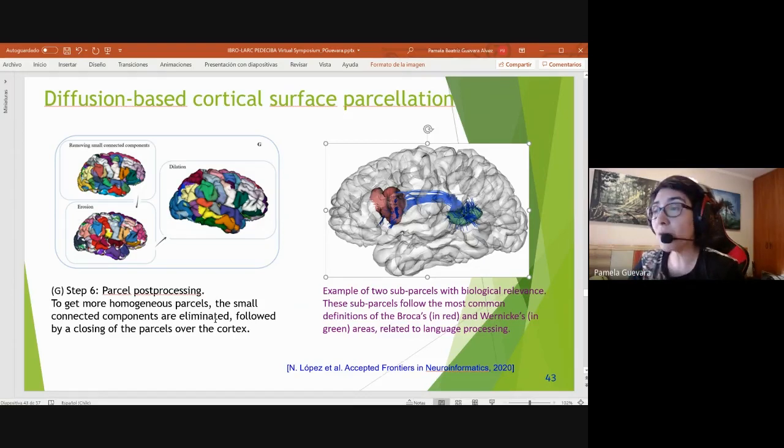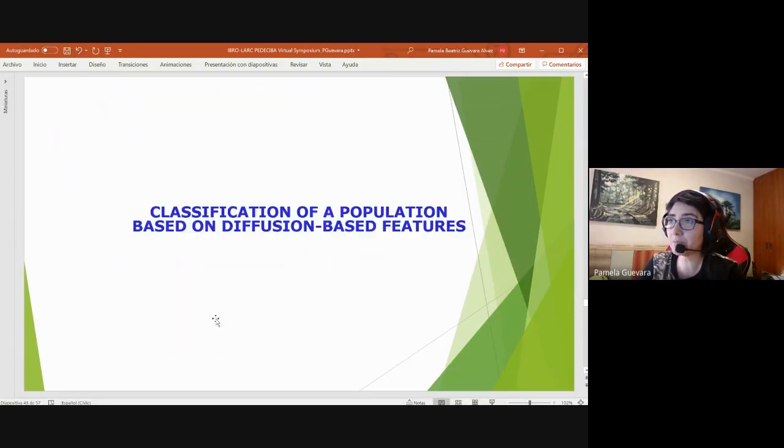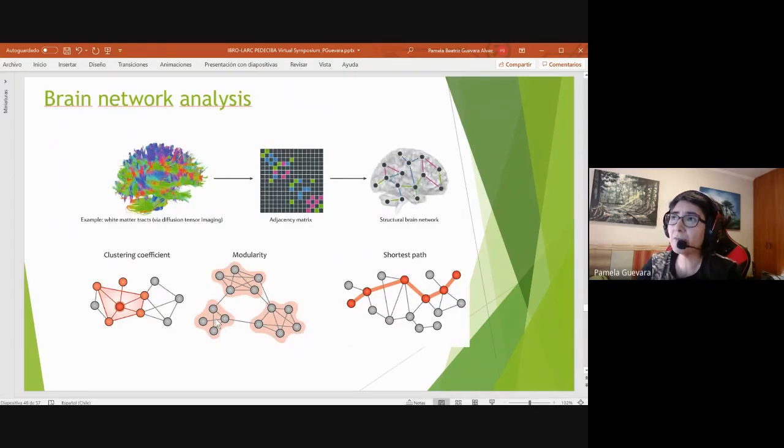And why it's interesting to create a cortical surface parcellation is because from it you can perform another kind of study that is the connectome, what I told you. And what's the connectome?